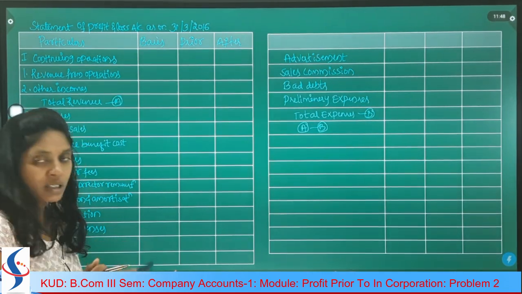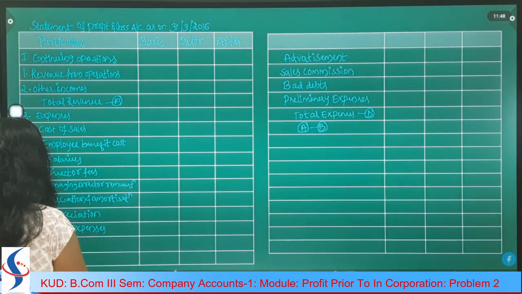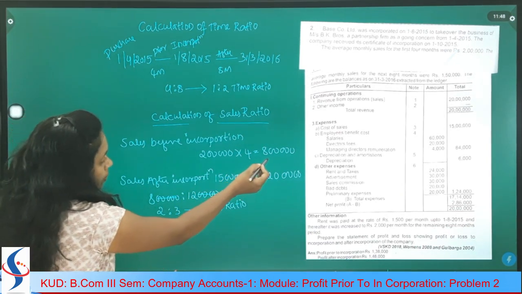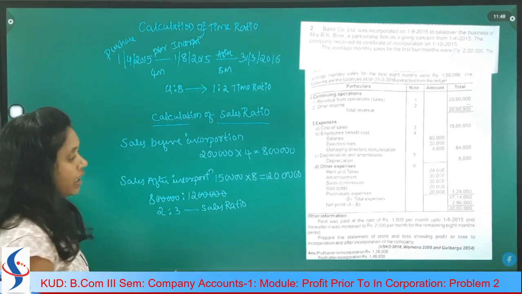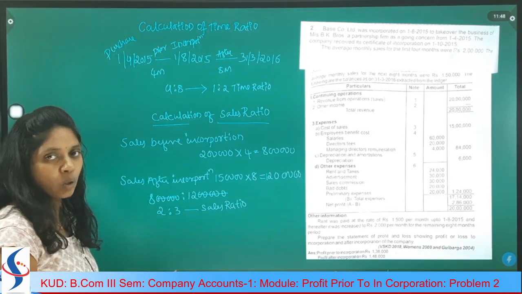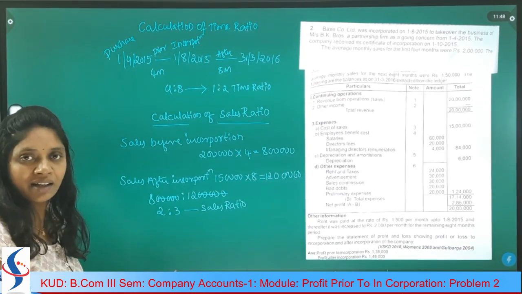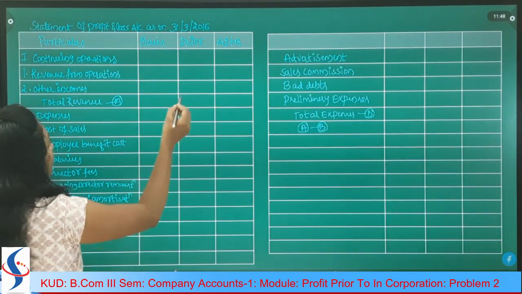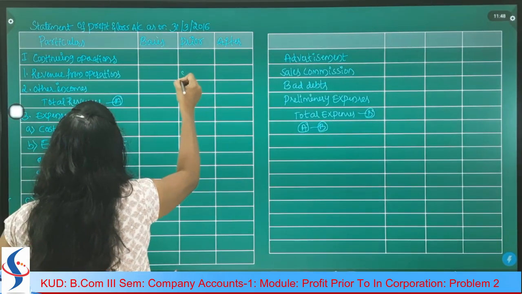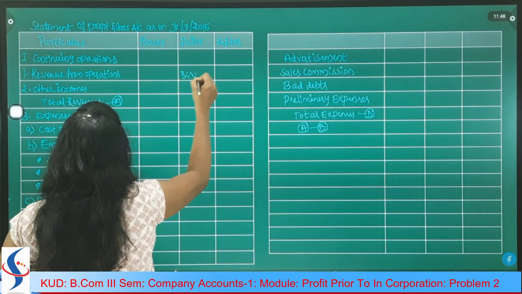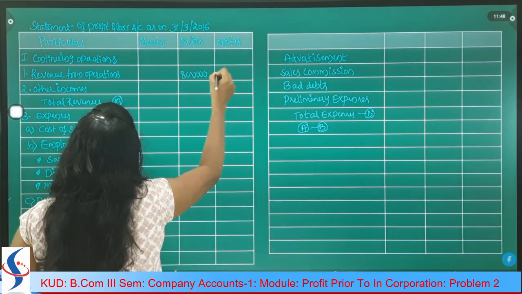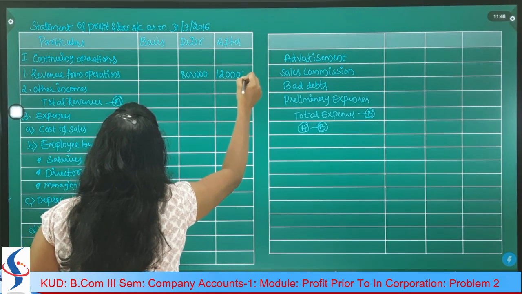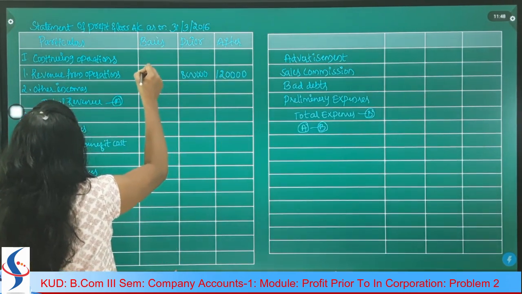The given sales is 20 lakh. We calculated in the previous slide, right? Prior period sales is 8 lakh and the after period sales is 12 lakh. What is in total? 8 lakh plus 12 lakh is 20 lakh. It means we need to divide that in that ratio. 8 lakh and 12 lakh, and this is actuals.